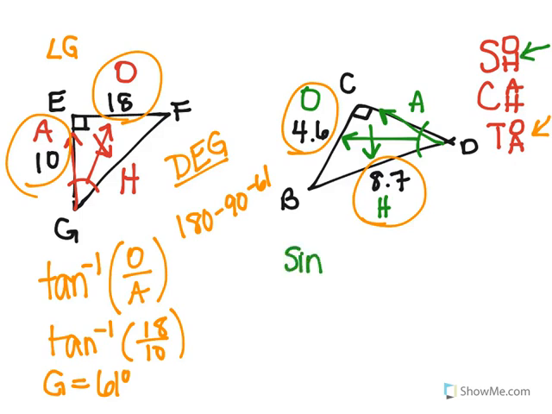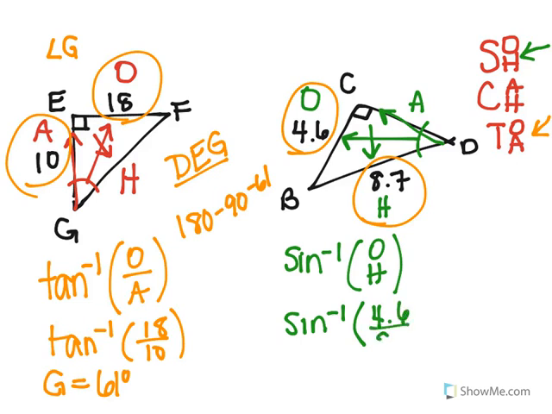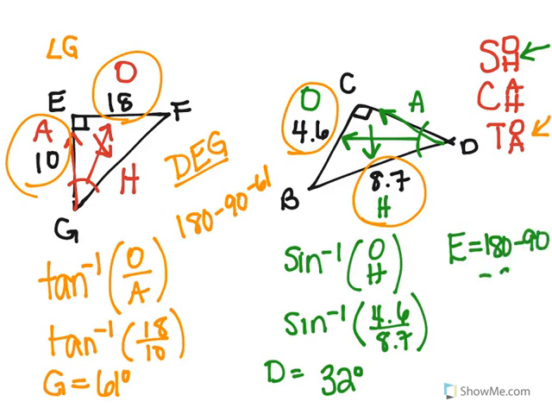So we're going to do sine to the minus 1 of O over H, which is sine to the minus 1 of 4.6 over 8.7. Type this into your calculator and you should get 32 degrees for angle D. Once we know angle D, we can find angle E by doing 180 minus 90 minus 32, and we are left with 58 degrees.